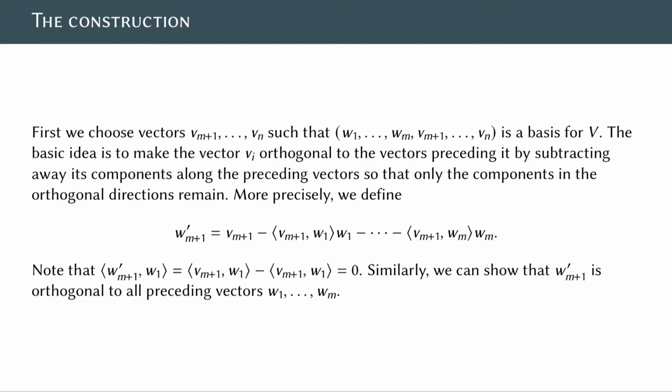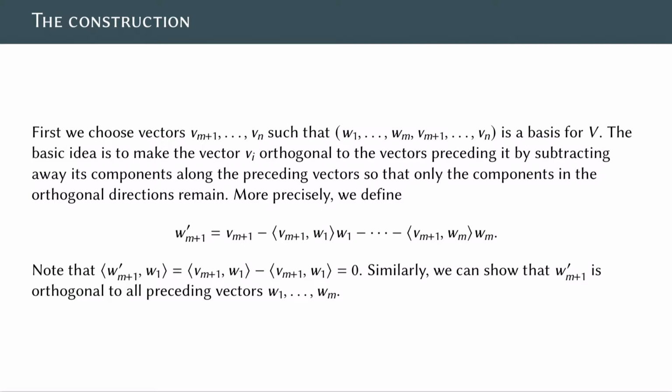Okay, so we have defined this W prime m plus 1. We have to show that W prime m plus 1 is orthogonal to W1 to Wm. Intuitively, we know that it's going to be orthogonal, but we have to check it mathematically. So you take the inner product of W prime m plus 1 with W1. That is just the inner product of Vm plus 1 and W1, obviously, minus the inner product of Vm plus 1 and W1. Why is that the case?